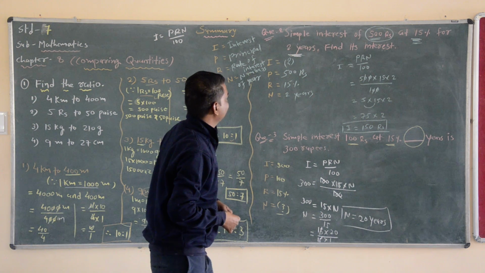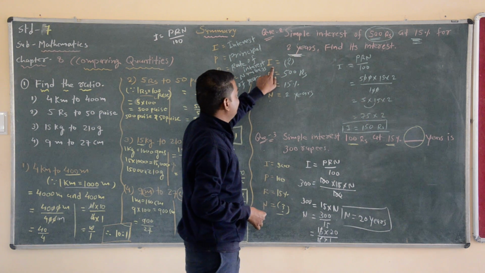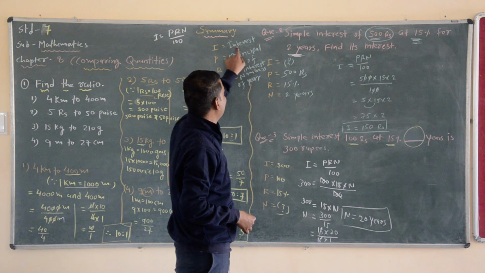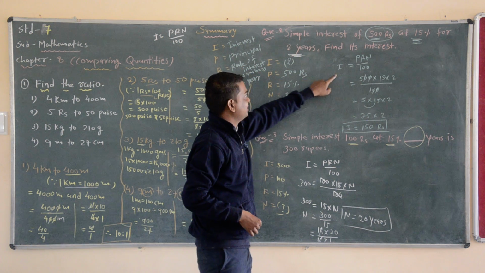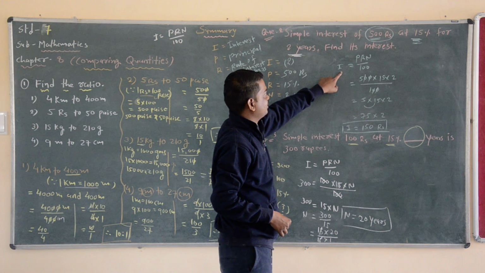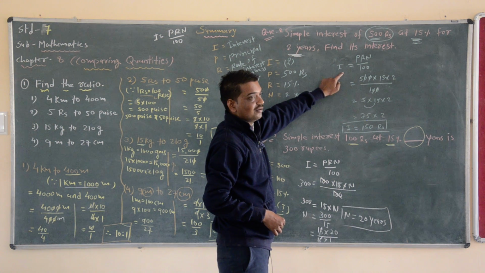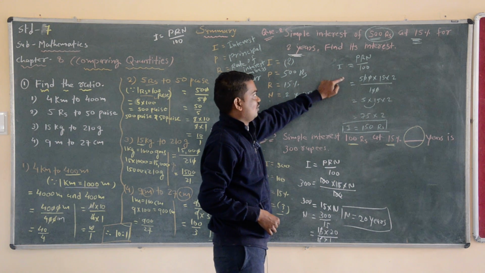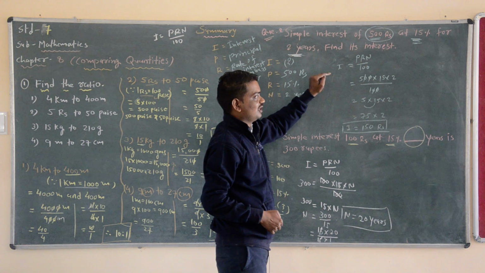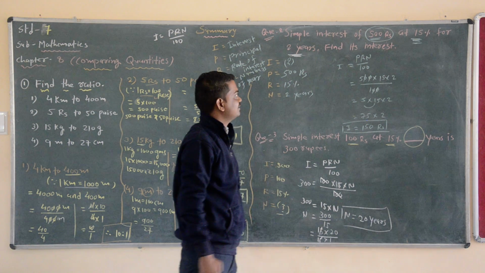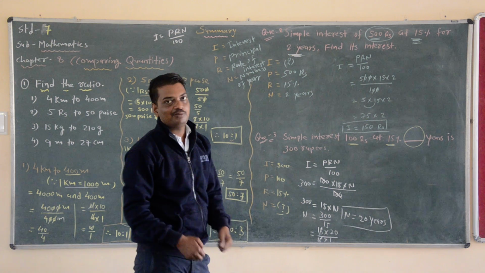Now we need to find I, that means interest. So we are applying the formula of simple interest, which is I is equal to PRN upon 100.